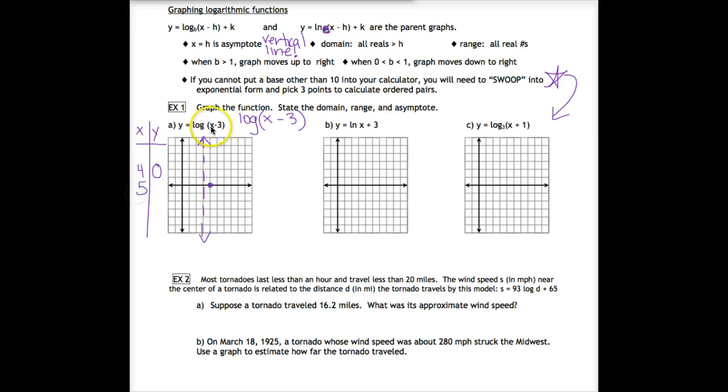When x is 5, 5 minus 3 is 2, the log of 2, your screen should tell you, is 0.301. When I plug in 6, 6 minus 3 is 3, the log of 3 is 0.477. At 7, I get 0.602.